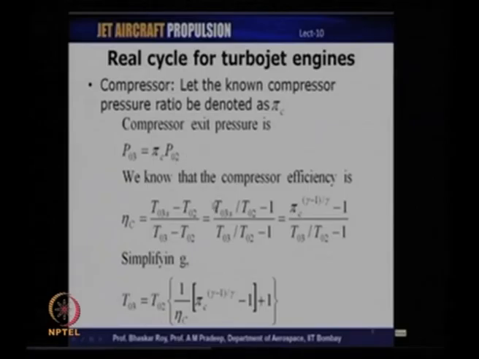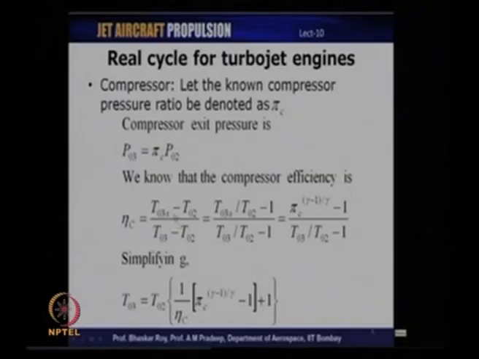We now need to calculate the compressor exit stagnation temperature. To do that, we will need to use the efficiency definition once again. The isentropic efficiency of the compressor is defined as the temperature difference for the isentropic process divided by the temperature difference for the actual process.